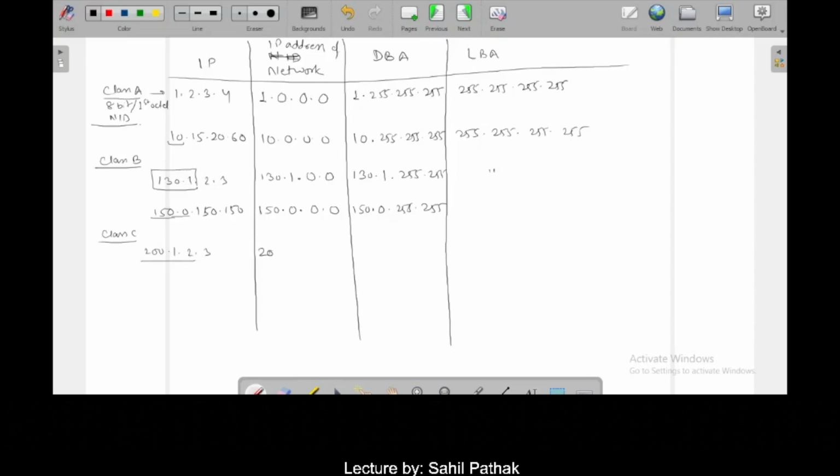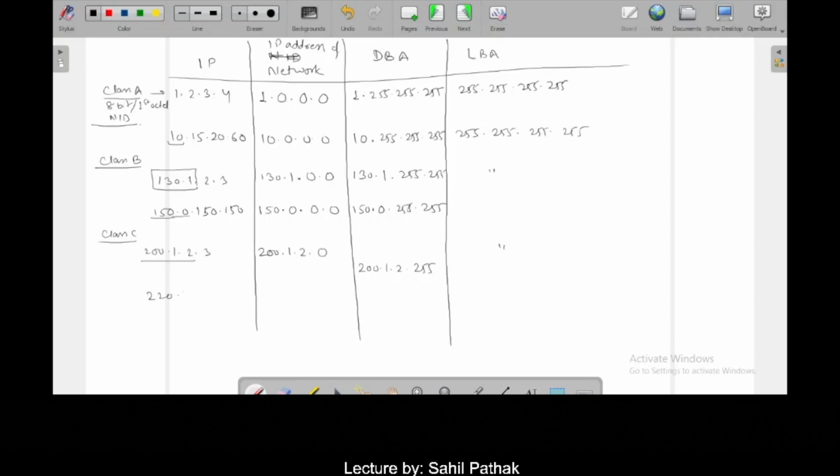So keeping the network ID as it is, 200.1.2, and filling the rest with zeros, this would be the network address. And 200.1.2.255 would be the directed broadcast address. And the limited broadcast address will remain the same, 255.255.255.255.